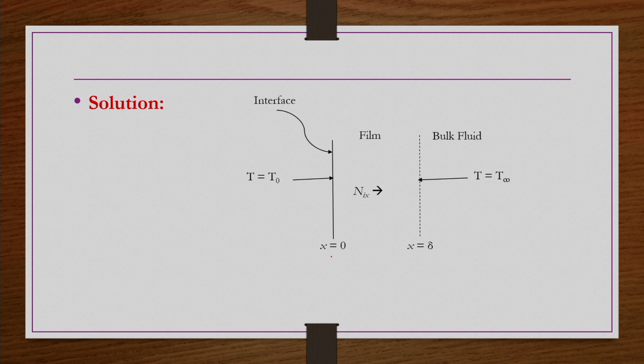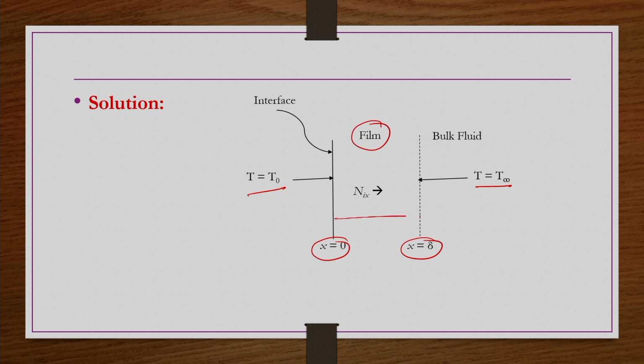Pictorially, we have an interface located at x equals 0, at which the temperature is T naught. Next to this interface there is a film of thickness delta, and at the boundary between the film and the bulk fluid, that is at x equals delta, the temperature is T infinity.